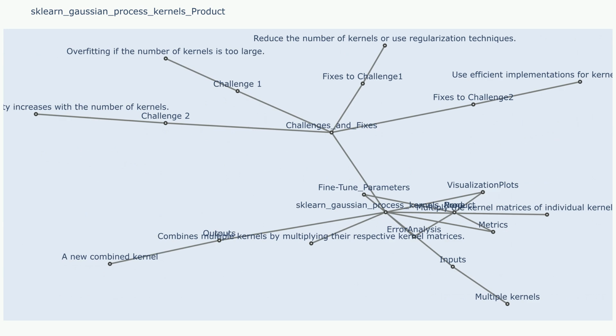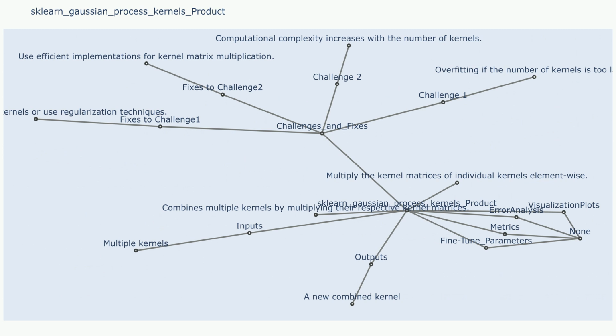Steps. Step 1: calculate individual kernel matrices. For each input kernel, the kernel matrix is computed using the provided data. Step 2: multiply kernel matrices. The individual kernel matrices are element-wise multiplied to create the final kernel matrix for the product kernel.